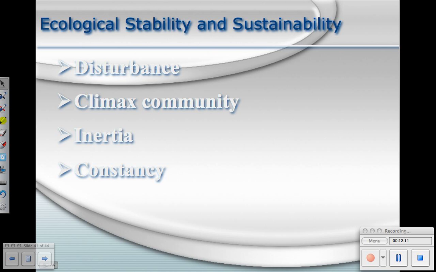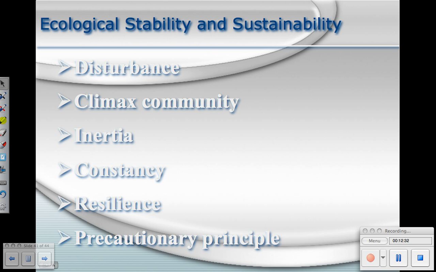How well things are maintained within an ecosystem would be the idea of constancy, the stability of the ecosystem from those inputs, and resilience is also related to that. How well can it handle changes over time?